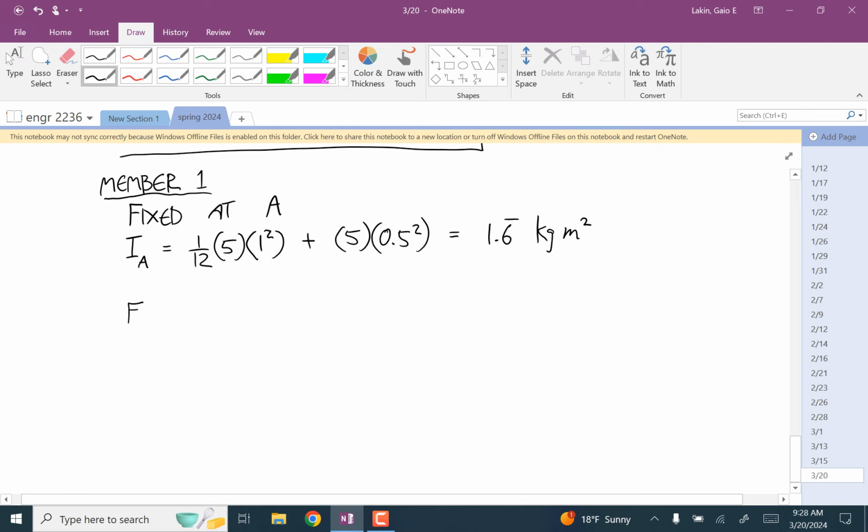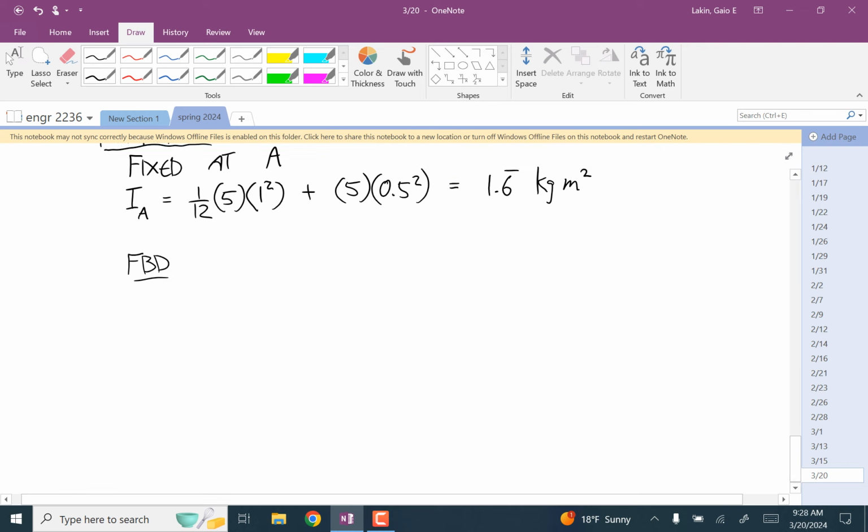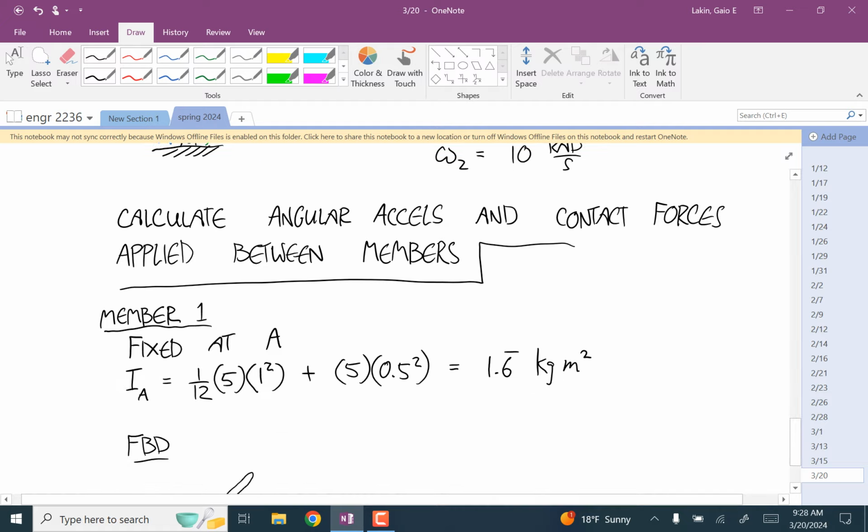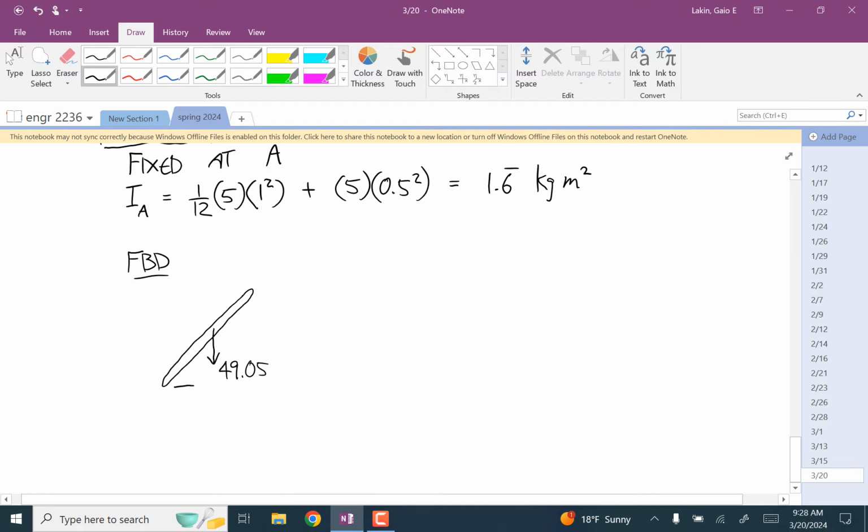And now free body diagram. There's a weight force at the center of 5 times 9.81, so 49.05. There's a reaction force at the ground.